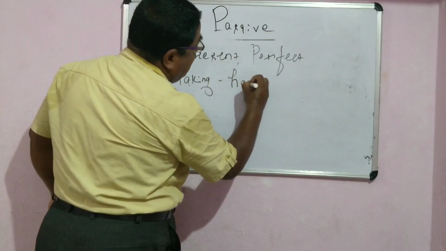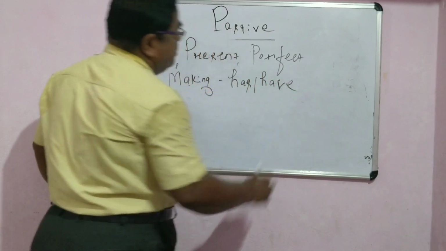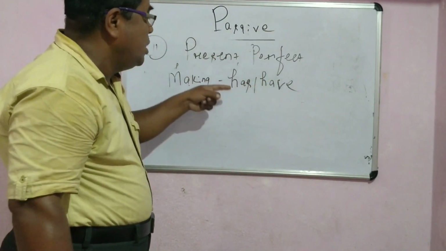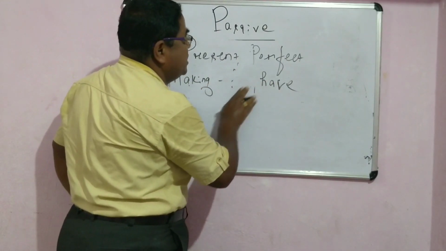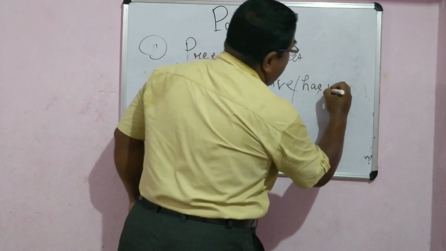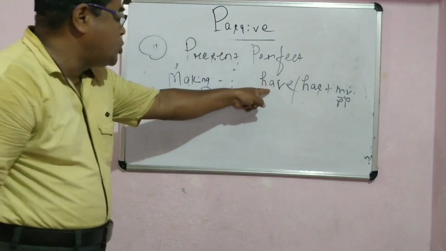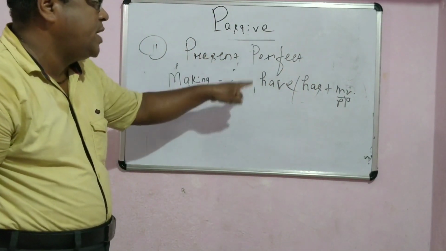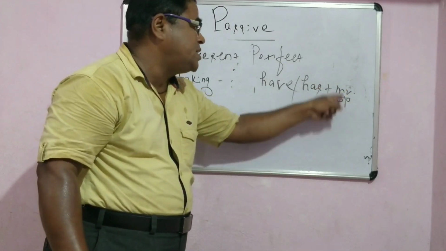First you have to take the help of the has/have verb. On present perfect, we have two have verbs. First is have, the root verb, and second is has. Then your main verb becomes PP. So this is the structure of the present perfect: have, has plus main verb in past participle.